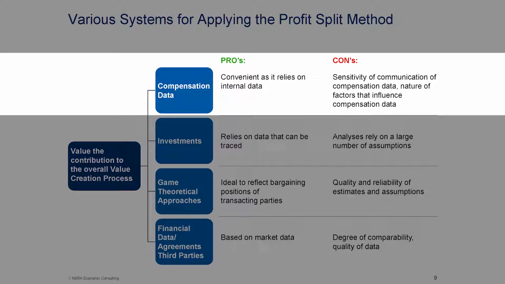The idea behind this is that it focuses on compensation data, salary, including base and variable compensation of employees. An employee is potentially a third party to the organization, and consequently their salary is an indication of the value that that person has to the organization and the value contribution through the value chain.